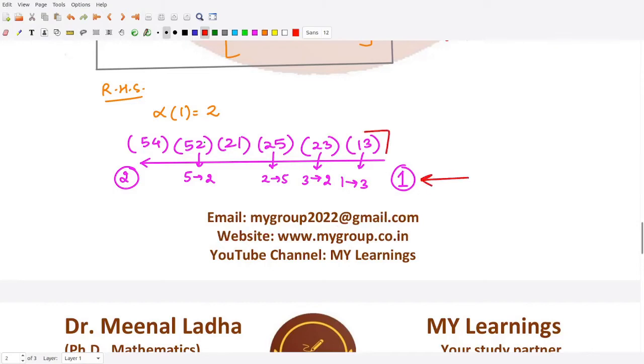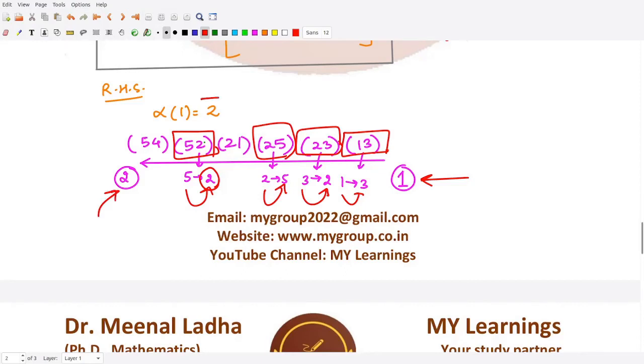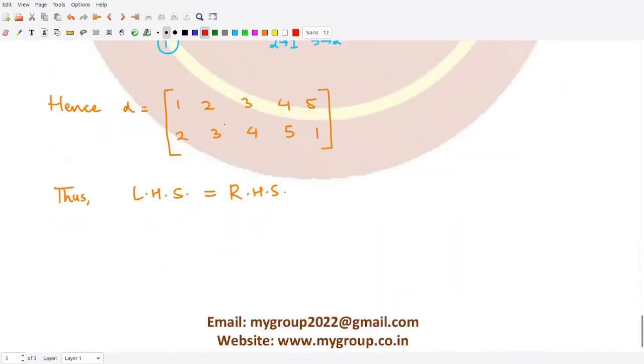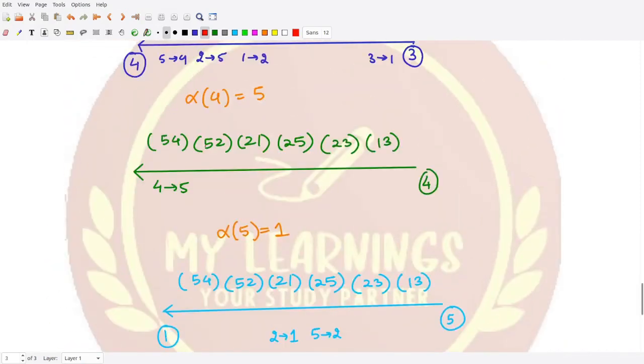The first member here moves 1 to the digit 3, the second member moves the digit 3 to the digit 2, the third member moves the digit 2 to the digit 5, and the last member moves the digit 5 to 2. There is no 2 further on, so 1 finally has the value 2. So alpha of 1 is 2. In this array we obtain 1 maps to 2.